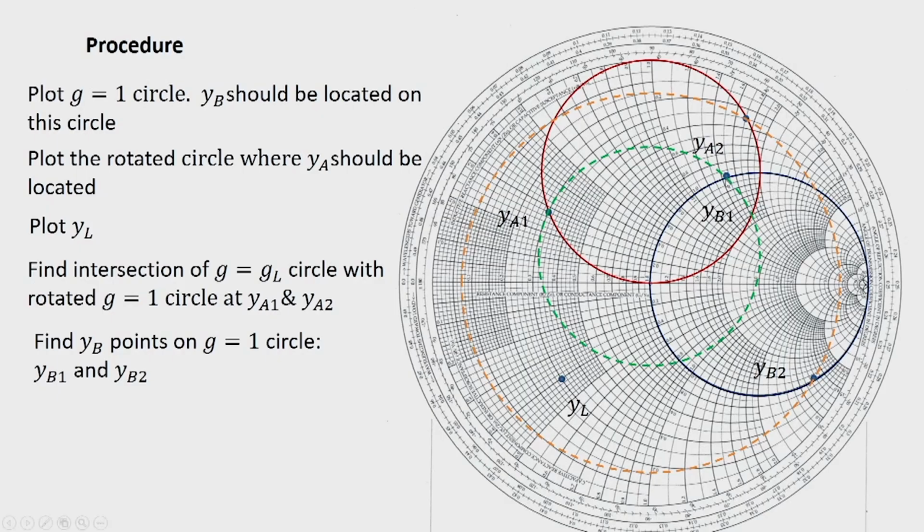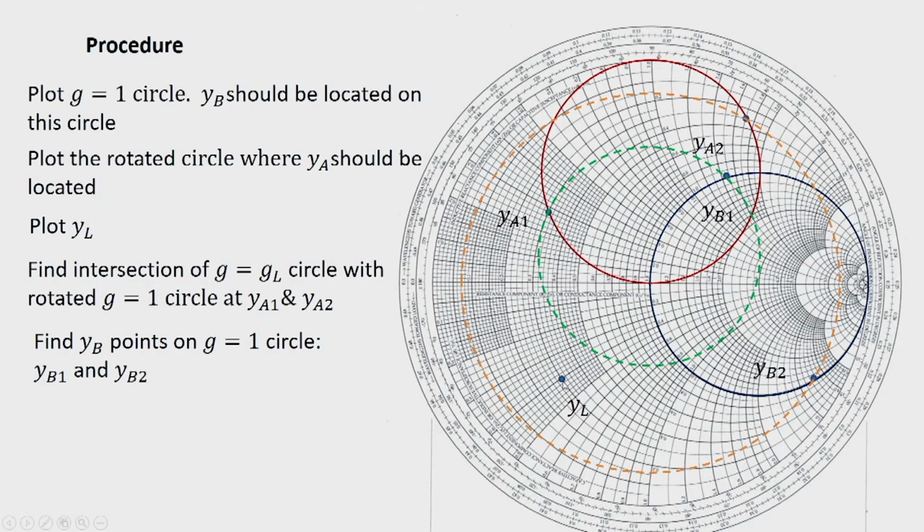So, we can see that at this point YB1 is having a value 1 plus jB in that form, and we can find out the corresponding stub length that will compensate for the imaginary part. Similarly, here at YA1 point, we have the real part to be GL and the imaginary part has a value.